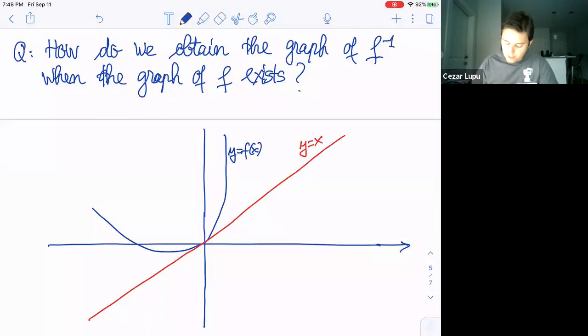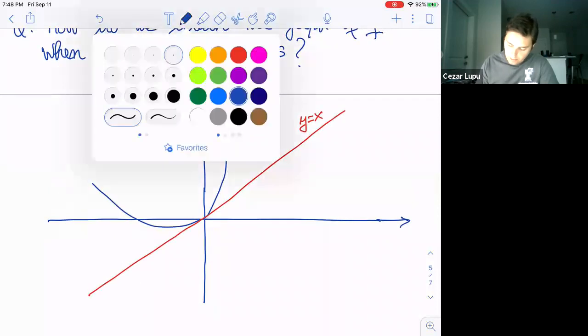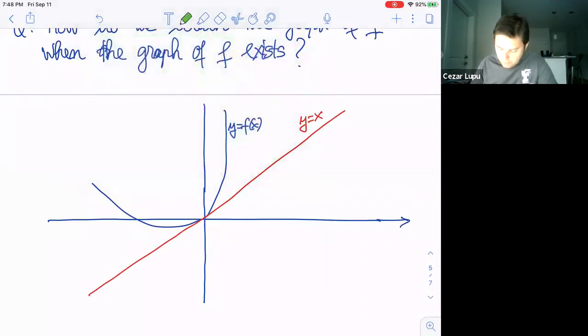And now guess what? Let me put here a different color. I'm just going to draw it like this. All right, I hope they're symmetric, but anyway.